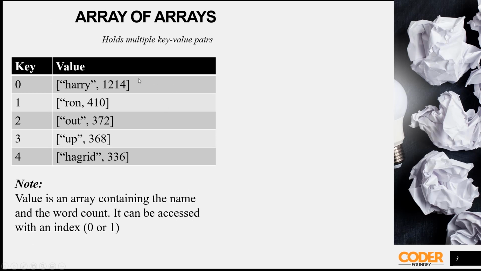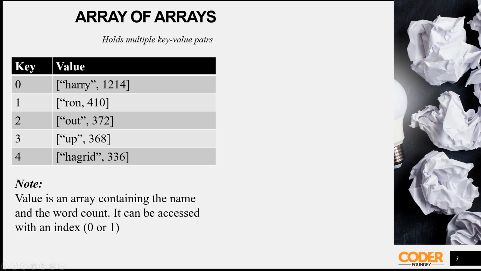When we returned that statement with Object.entries, it created an array for each value. So now we have multiple values, and it's holding multiple key values. It does have an index of 0, but Harry, comma 1214 is now an array in the value.